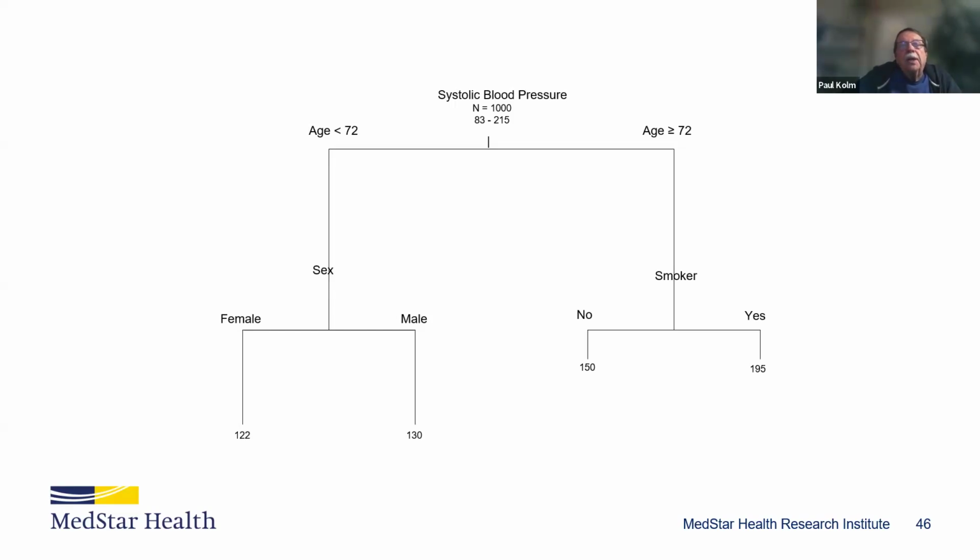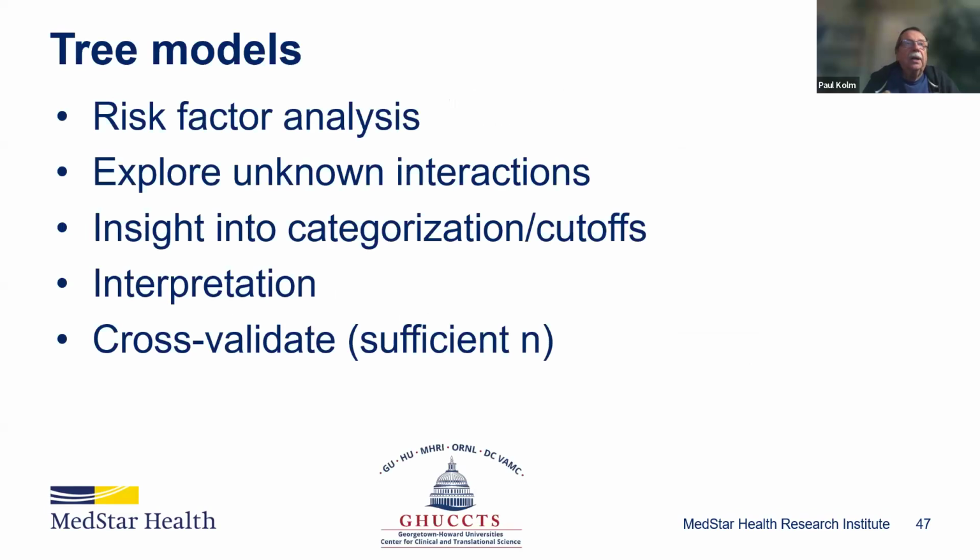So that's how the analysis of a continuous variable differs from the classification or looking at a categorical variable. So just in summary, the tree models are really a great way to look at risk factor analysis that will give us all the risk factors that might be involved in predicting the outcome, whether it be a dichotomous outcome or a continuous outcome.